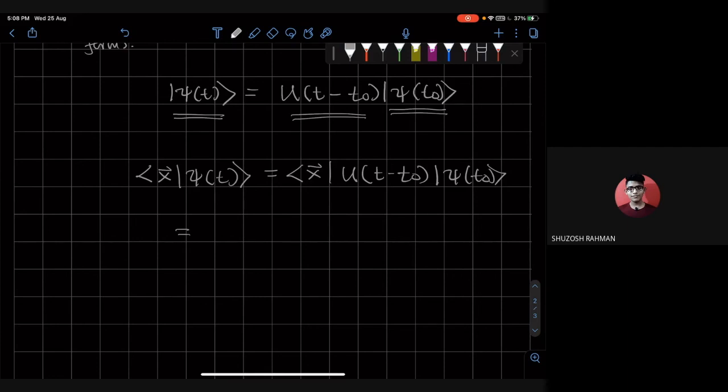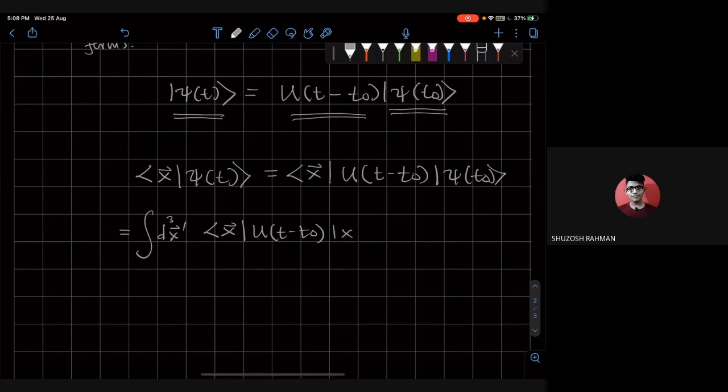Spectral decomposition. Exactly. We do the spectral decomposition of identity, right? So we get x U(t minus t naught), let me make some space here, and integrate over d cubed x prime.